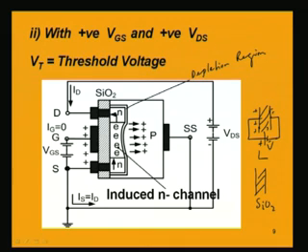On both sides of this silicon dioxide we have positive charges and electrons, that means positive and negative charges. So, it is like having the effect of a parallel plate capacitor. So, there will be a field present, which is a vertical field.